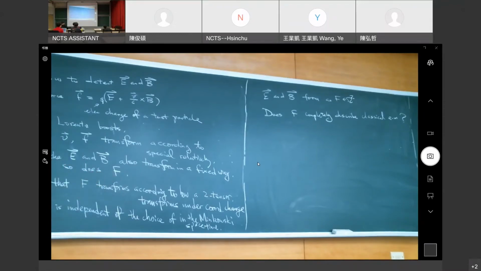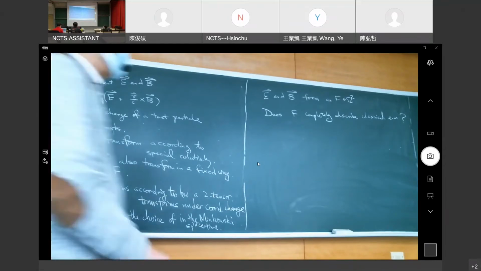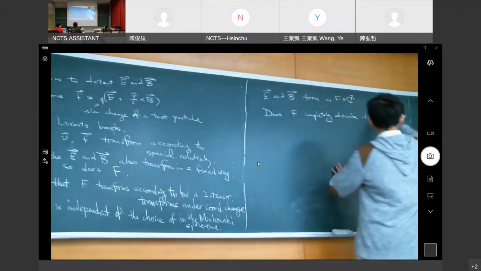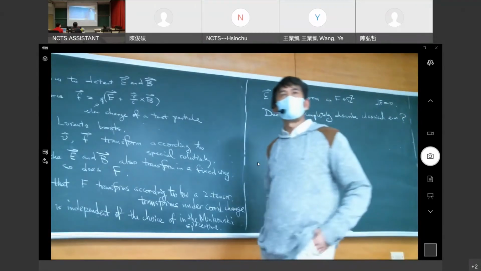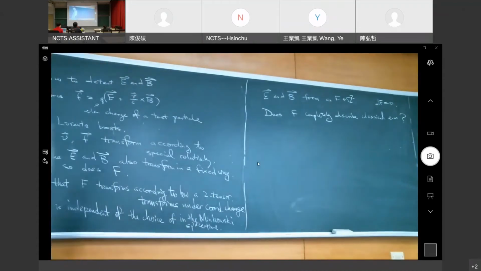That's why in mathematics, the curvature is also denoted by F. And the curvature of a line bundle satisfies the equation dF is equal to 0. That is completely of geometric origin. That's the Bianchi identity.